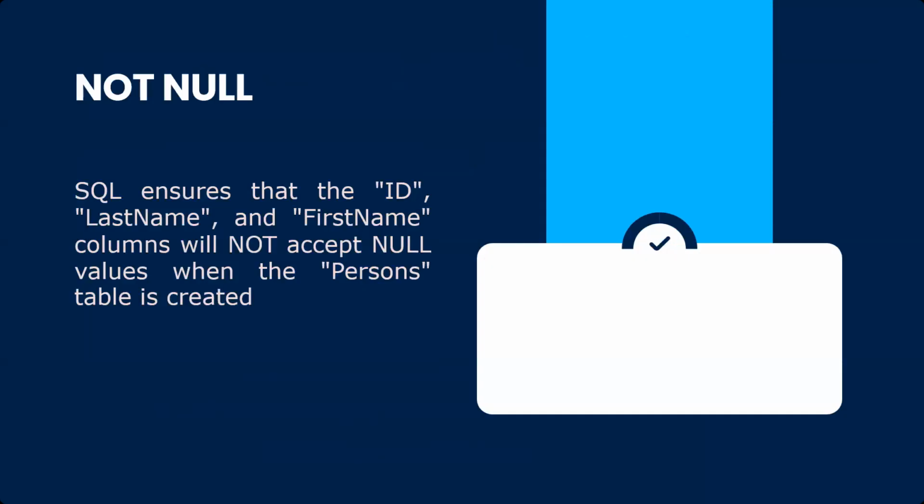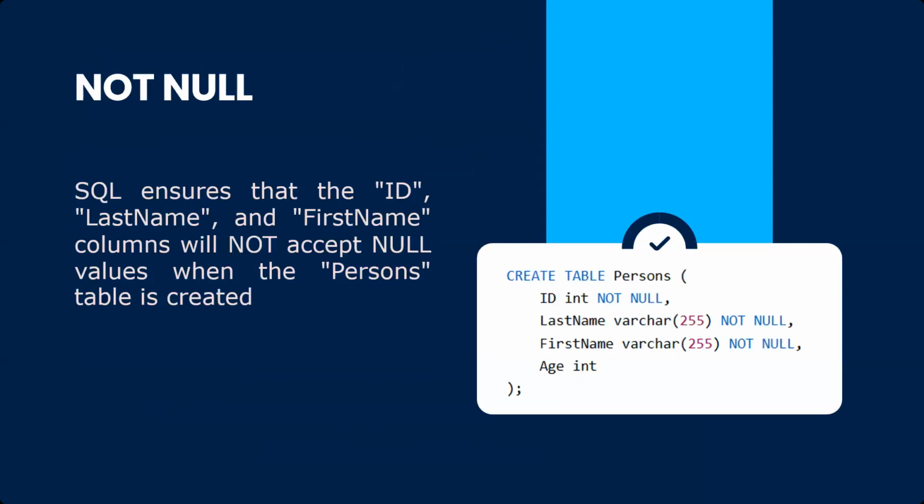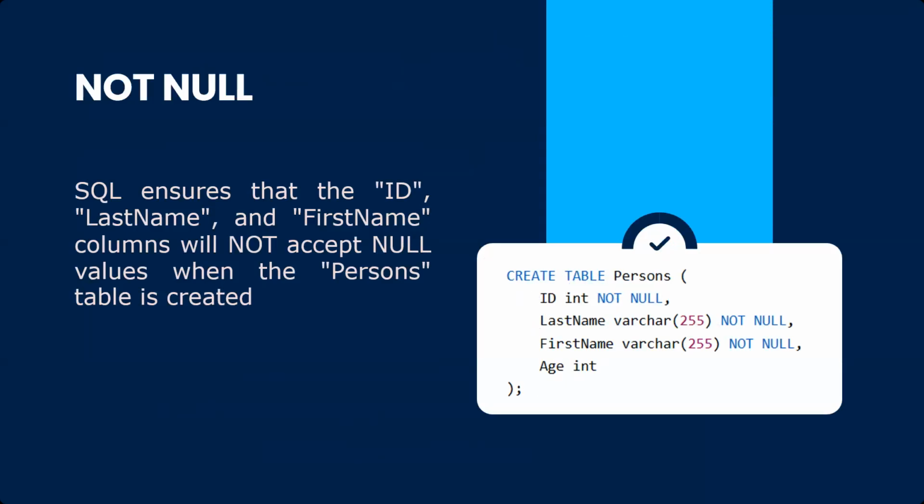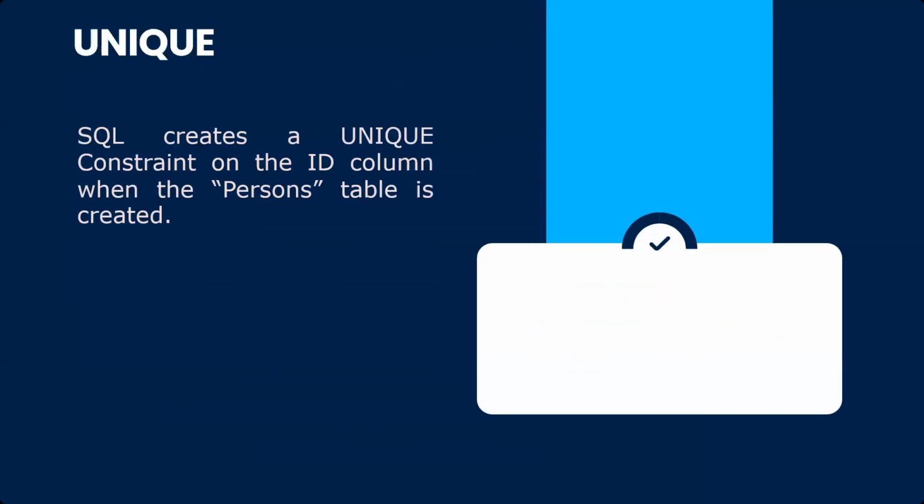Let us suppose there is an e-commerce application, and I'm trying to create a table named person's table, where the ID of the person, which is a member ID, will be not null, which means you have to give it. Otherwise, it will throw an error. Last name will be a varchar, first name will be not null, and age will be an integer type. So firstly, we can create a table.